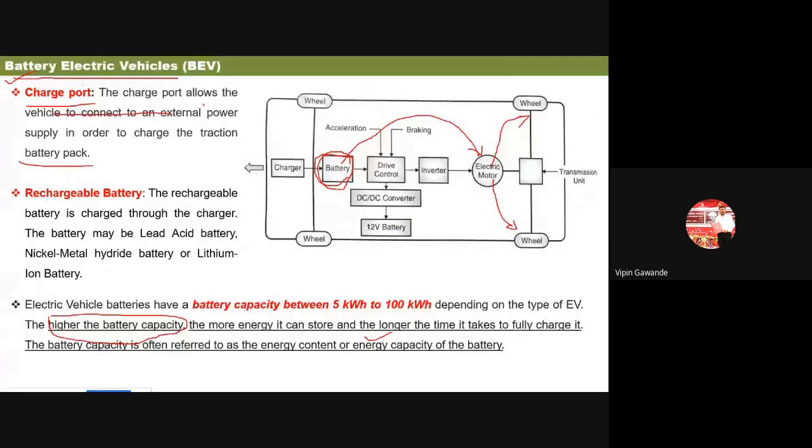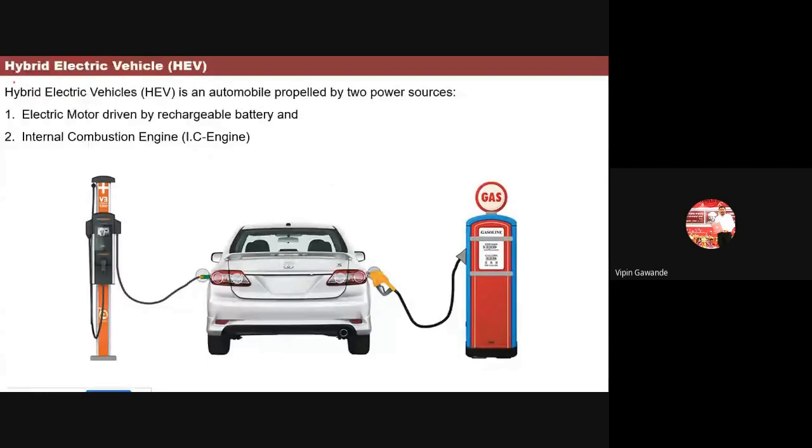Now, in case of electric vehicles, we have two types. One is the single electric vehicle. It is not the only option, so we also go for a hybrid electric vehicle. What is a hybrid electric vehicle? A hybrid electric vehicle runs on two power sources.